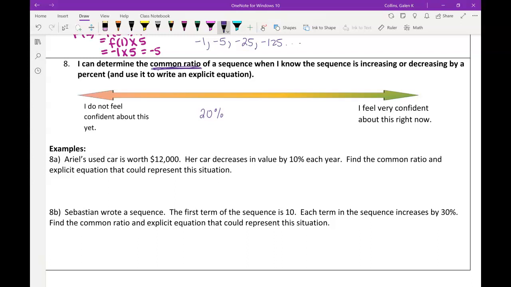We could think 1 cent in American currency is 1/100th of a dollar. So all that to say, 20% is the same as 20 divided by 100. And as a decimal, that's going to be 0.2 or 0.20, if that helps you see the 20.